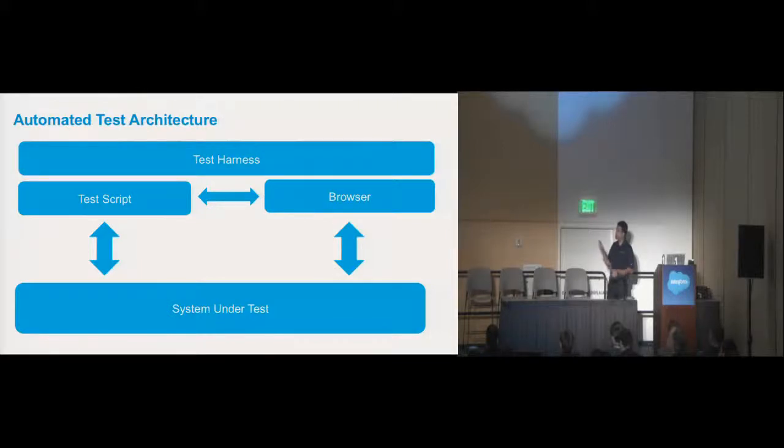For this particular type of test that we're talking about, which are GUI tests, where the user will interact with the system via a graphical user interface, we do need a browser. The browser is what the user sees. So for the test to be realistic, they need a browser.